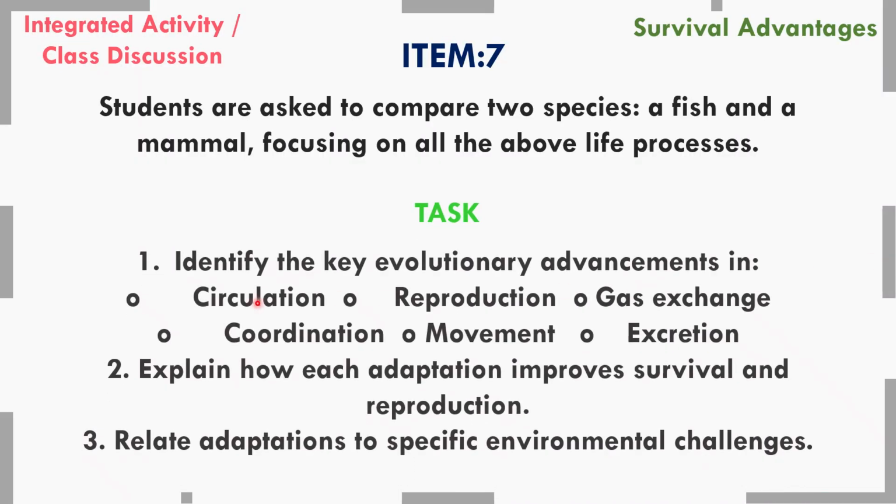Task: identify the key evolutionary advancement in circulation, reproduction, gaseous exchange, coordination, movement, and excretion. Explain how each adaptation improves survival and reproduction. Relate adaptation to specific environmental challenges.